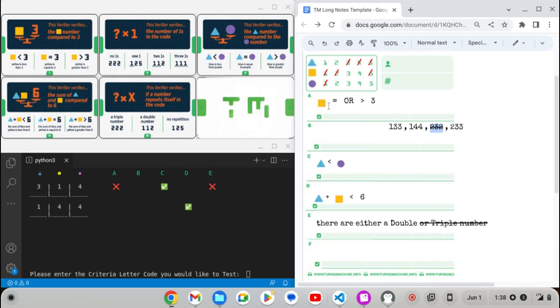What if I just did A? Oh no, let me take that back. If I'm looking at only the square, if it's greater, then obviously it's 144. If it's equal to 3, then yes, I would have to check if there's a 1 or not.